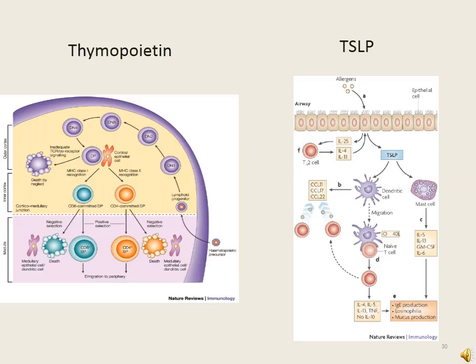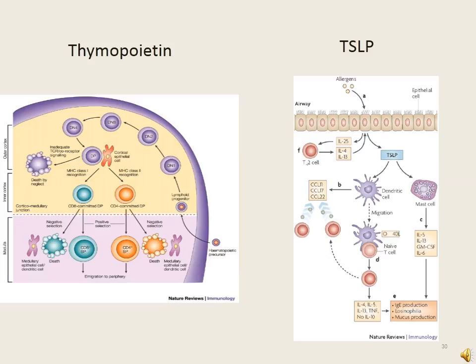Then they go on to the process that we learned before, negative selection and positive selection, and after that the T cell will mature into either a CD4 positive cell or a CD8 positive cell, and then be released from the thymus to do their job in the secondary lymphoid organs.